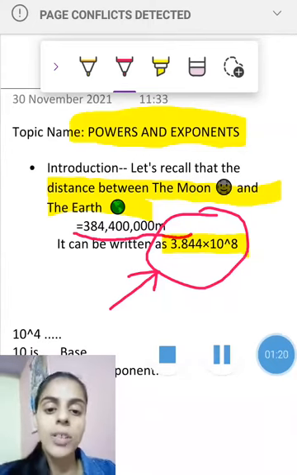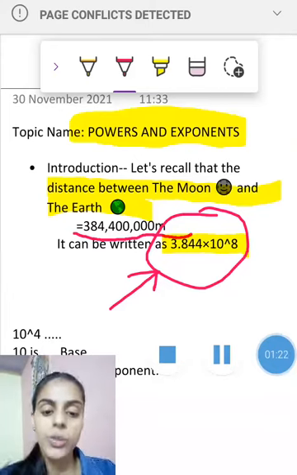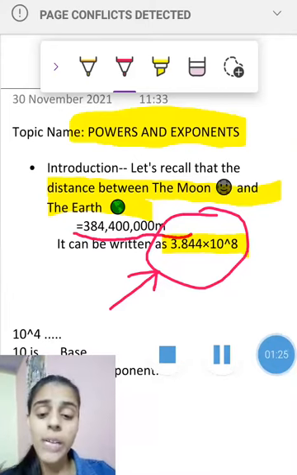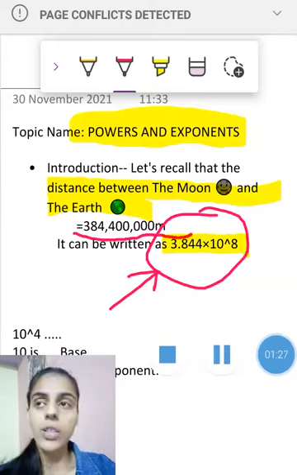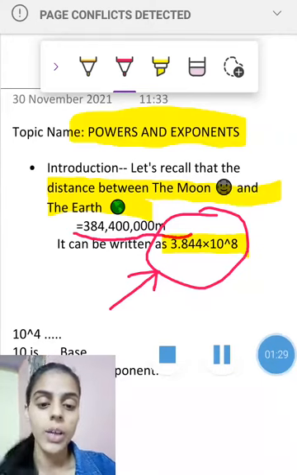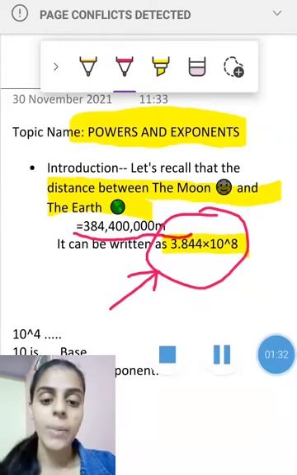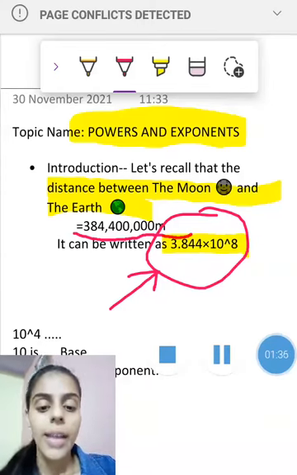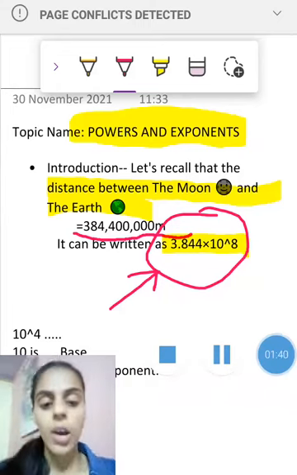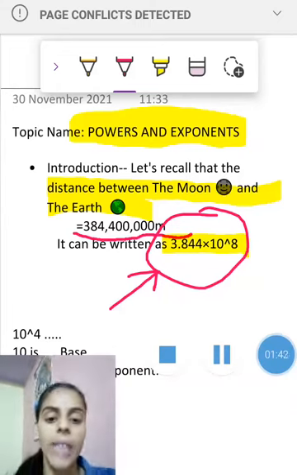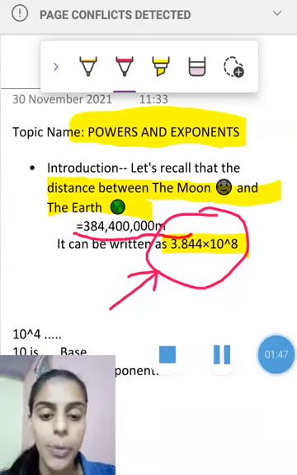That's how powers and exponents are very much useful, and usually in very large science terms, as you can see, the mass of the earth and the distances between any planets are very large numbers. So in that field we can see that powers and exponents are of immense importance.